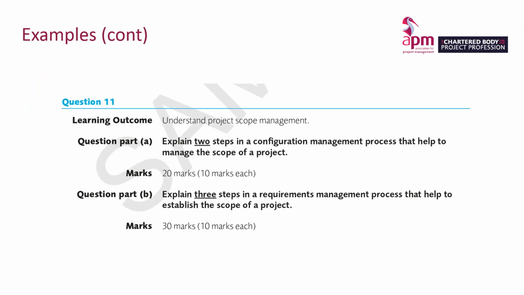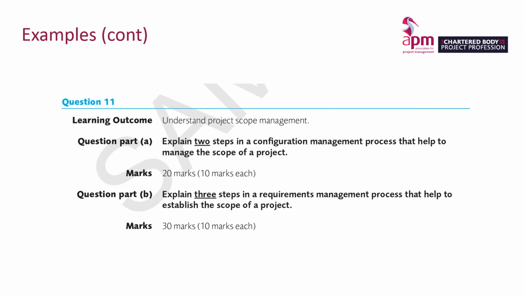And just to re-emphasise that, bringing up this example again, you have 2 explain questions on the screen. You've got an explain question that's worth 20 marks, and an explain question that's worth 30 marks. In part A, you're asked to explain 2 steps in a configuration management process that help to manage the scope of a project. So we're looking at what those steps would be and how those steps help to manage the scope of a project.